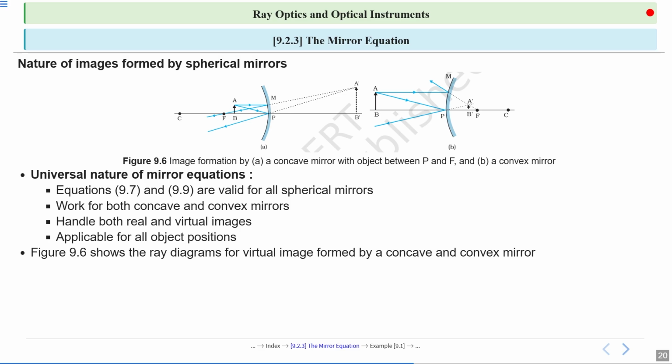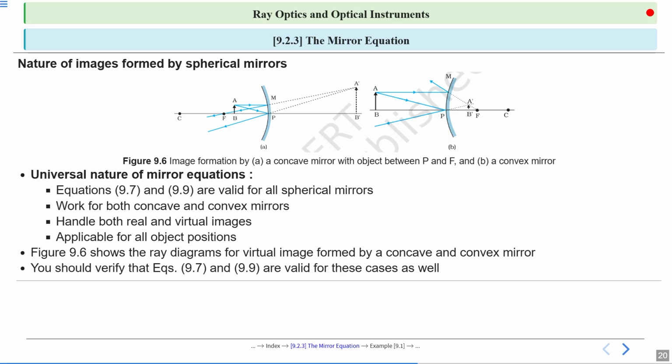Figure 9.6 shows the ray diagram for virtual image formation by the concave and convex mirror. You should verify that equations 9.7 and 9.9 are valid for these cases as well. For any case of virtual image or real image, the mirror equation and magnification equation are valid, but you have to take into account the sign conventions.